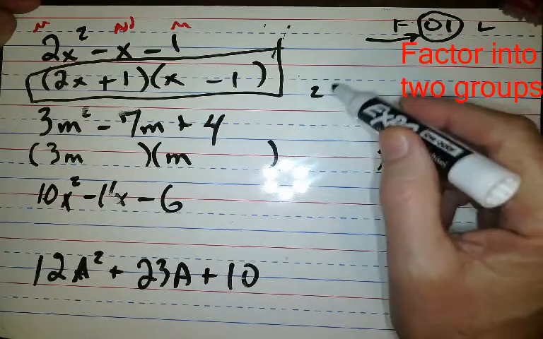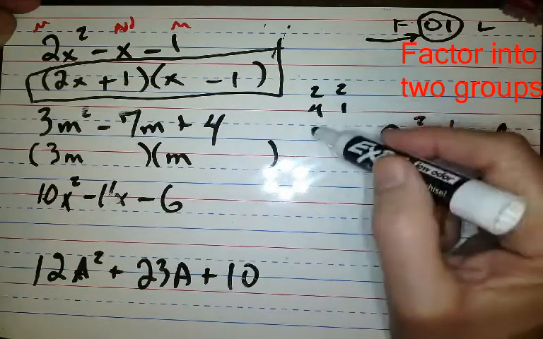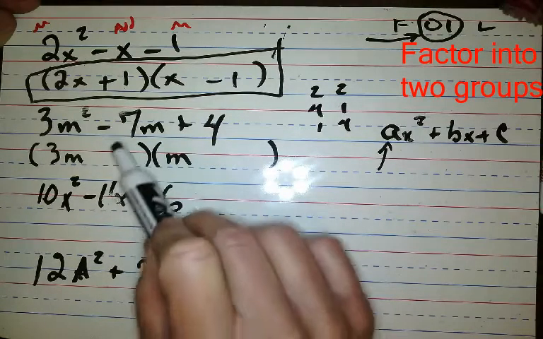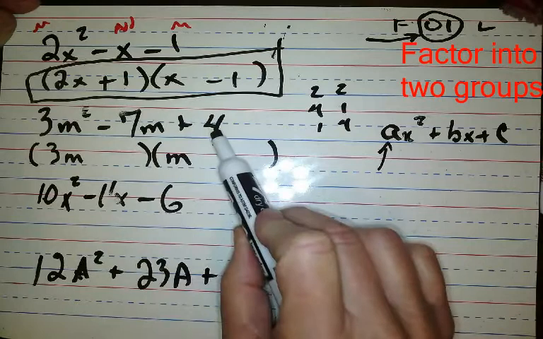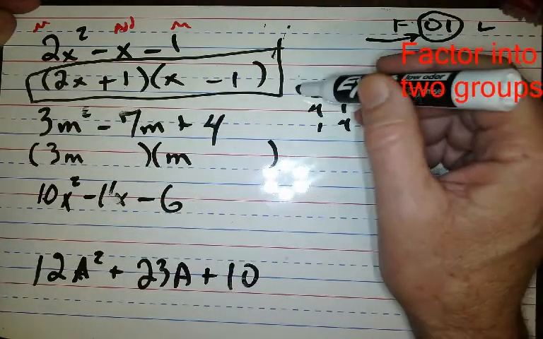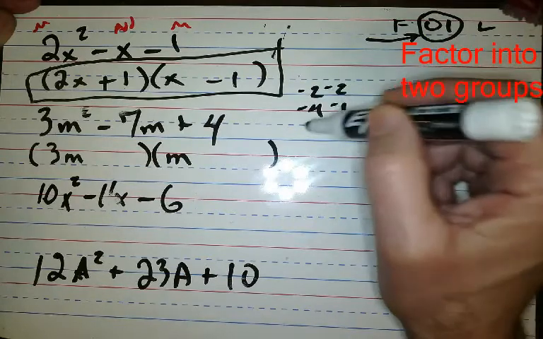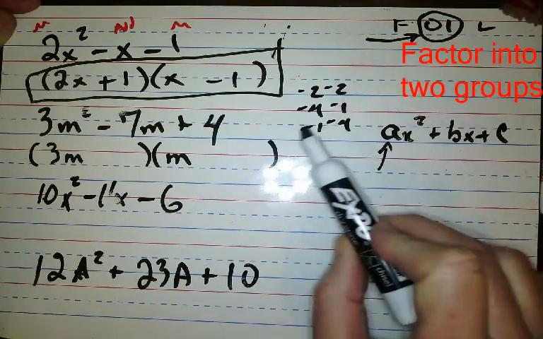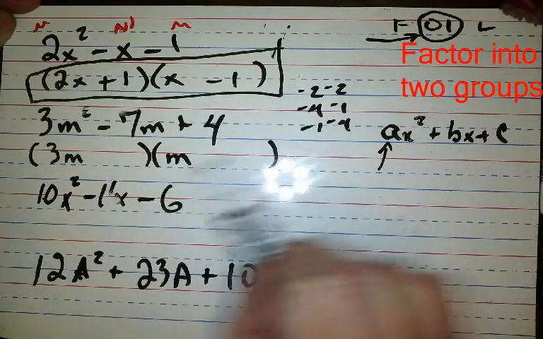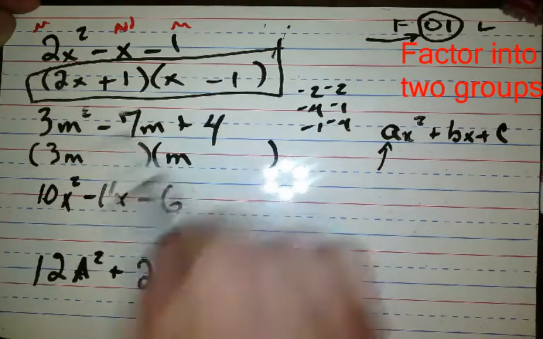We could do 2 times 2, we could do 4 times 1, we could do 1 times 4. Now, since they have to multiply to be positive and add up to be negative, both of these have to be negative, right? Because negative times negative, you get positive, and then when you add things together, you can make it work.